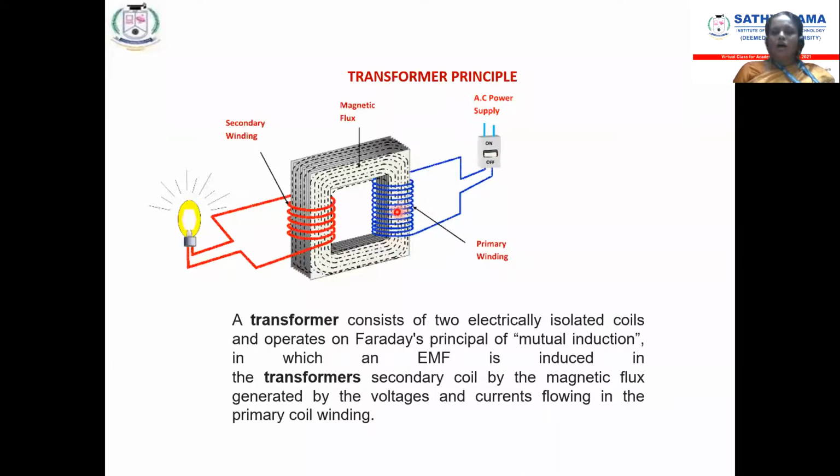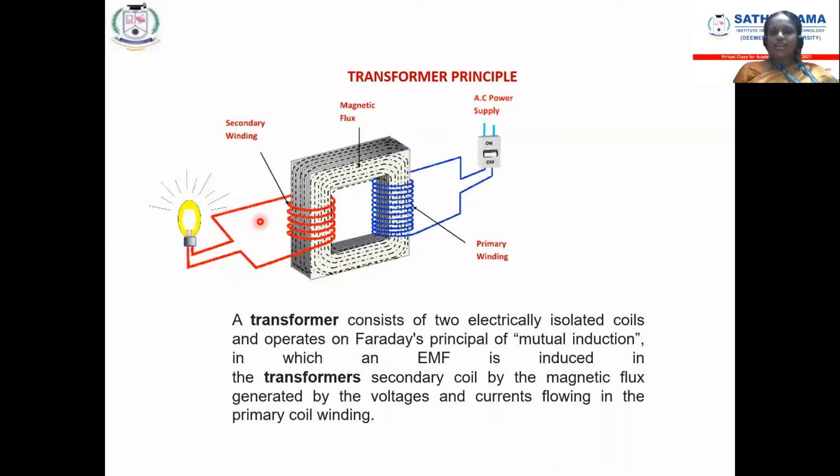You all know these two, primary and secondary winding. According to the transformer, they will be electrically separated but magnetically coupled. But the EMF will be induced due to the electromagnetic induction principle. In this working, you have seen the conductor is stationary, but the magnetic flux is varying, so automatically the EMF is induced in the coil.